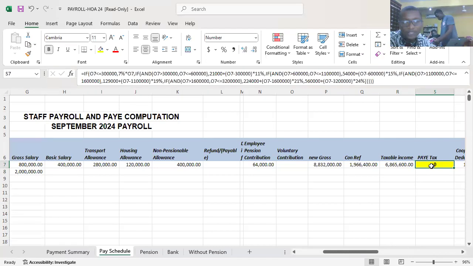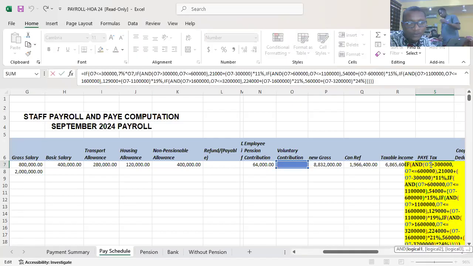Your tax computation will just be, instead of clicking on the voluntary contribution, which is OF. Everything here is OF, OF, 07, 07. Everything will be changed from 07 to what?